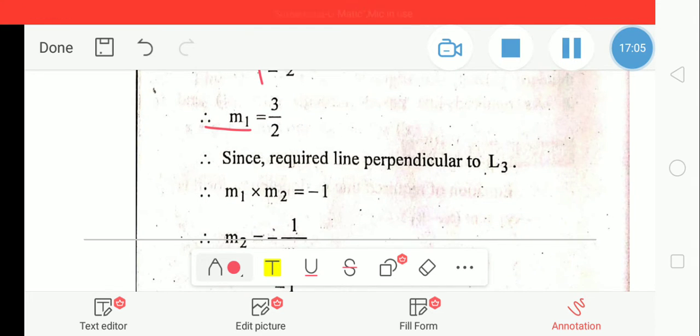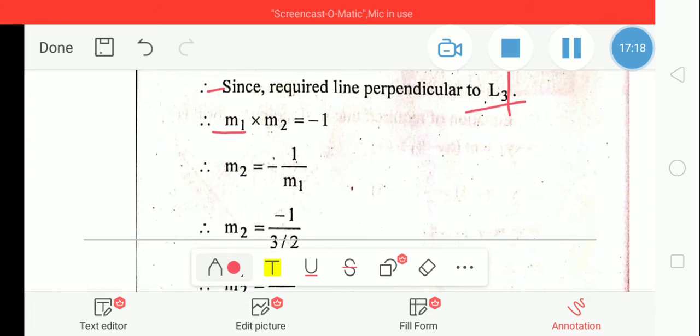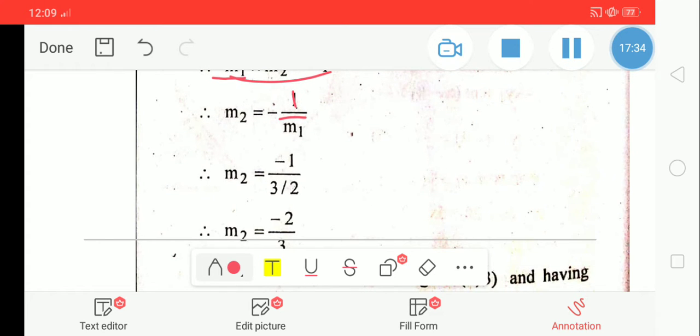So now, since the required line is perpendicular to L3, we know by the perpendicular theorem that m1 multiplied by m2 is equal to minus 1. So m1 goes to the opposite side, and they are divided. So m2, the slope of the required line, is equal to minus 1 divided by m1, that is 3 by 2.